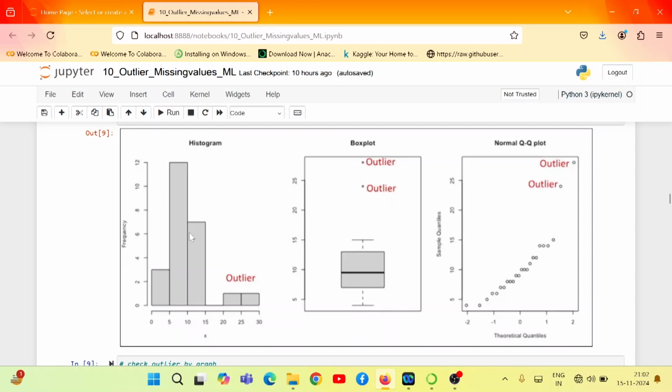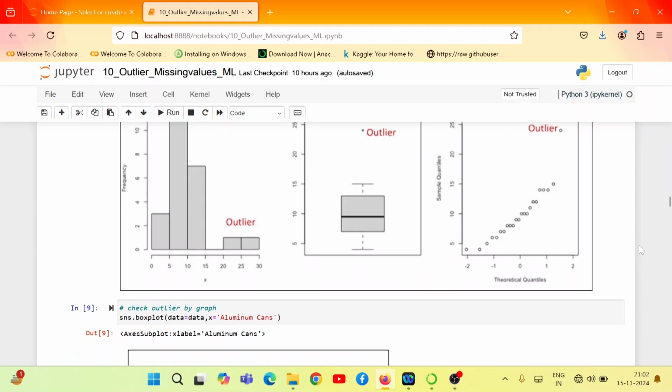If you see the histogram, the outliers are displayed as a bar far away from the other bins, right? If you see the scatter plot, it is also known as a QQ plot. In a scatter plot, the outliers will be seen as a data point away from the group of other points, right? So by using these plots also, we can detect the outliers.